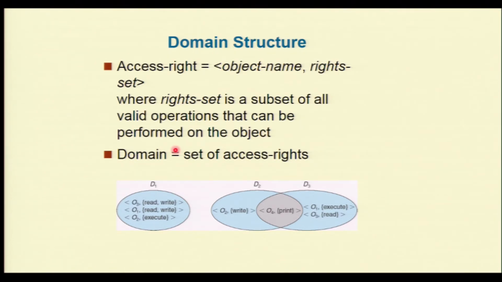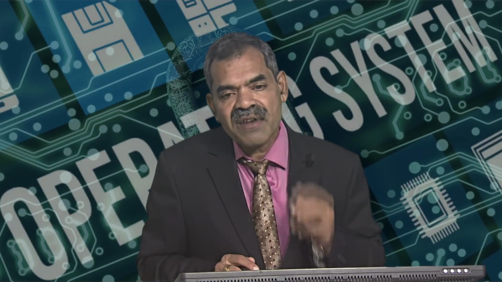So, there is a domain D1 with objects O3, O1, O2: object O3 has only read and write, object O1 has read and write, object O2 has execute. In domain D2, object O2 is write, O1 and O3 are execute and read. So, the point is the resource may be the same, but it is reflected differently across different domains.